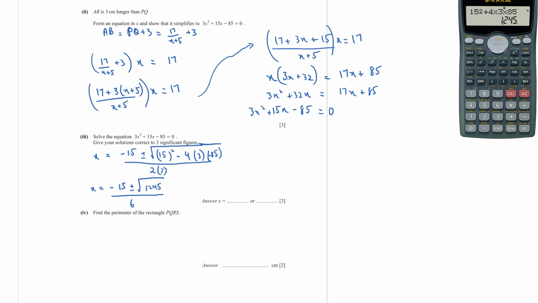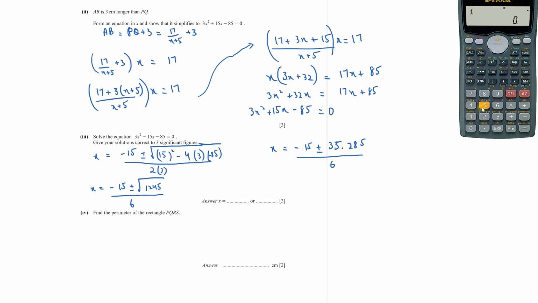So this is the square root of 1245. And if you take the square root of this, you get 35.285. So if I continue here, I'll get x equals minus 15 plus or minus 35.285 divided by 6.